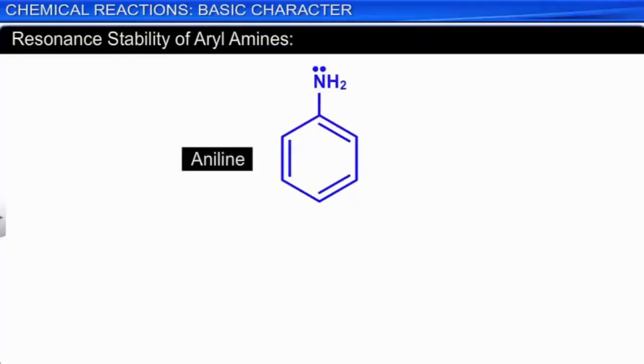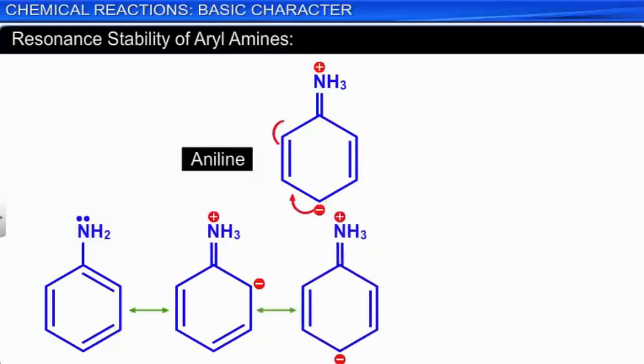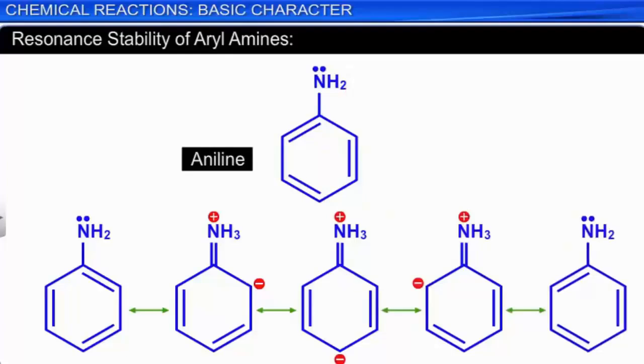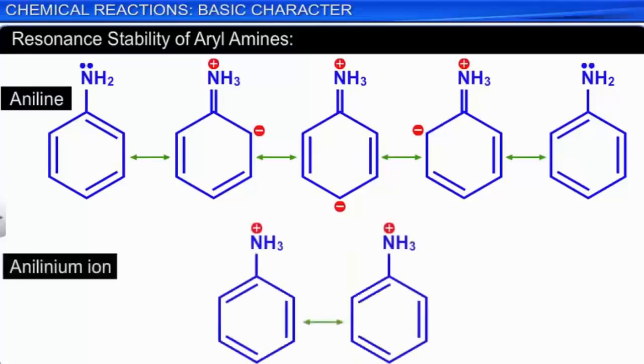The NH2 group in aniline or aryl amine is directly attached to an aromatic nucleus. As a result, a lone pair of electrons on the nitrogen atom is in conjugation with the aromatic ring, thus making it less available for protonation. On the other hand, the protonated aniline or anilinium ion obtained by accepting a proton has fewer resonance structures than aniline.